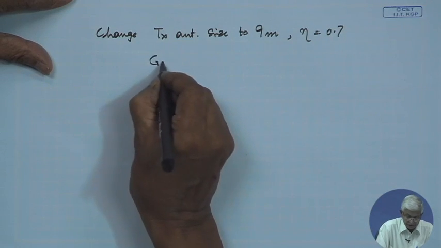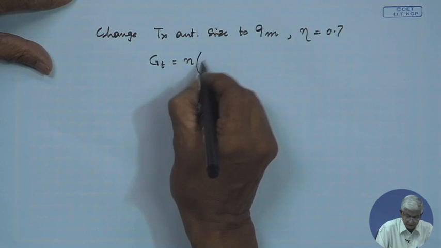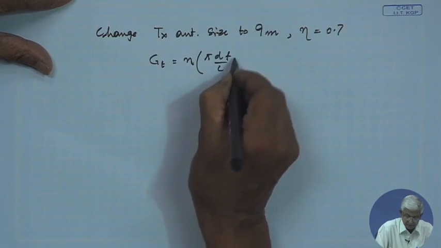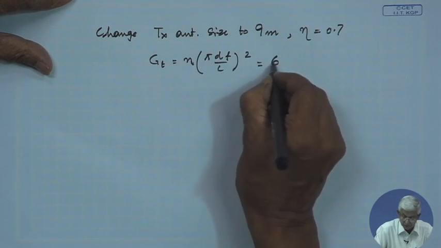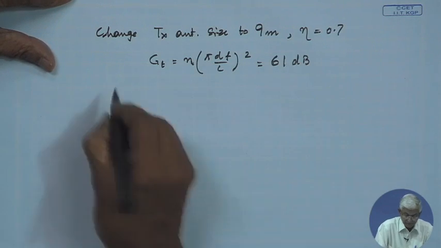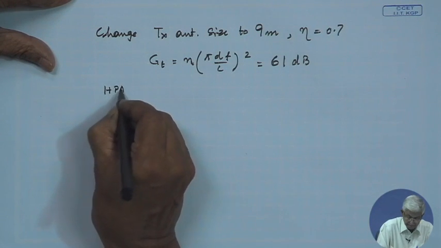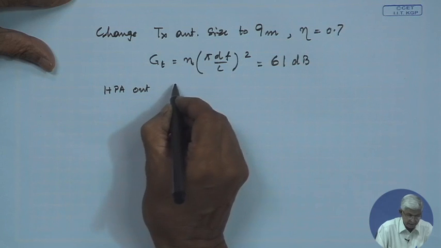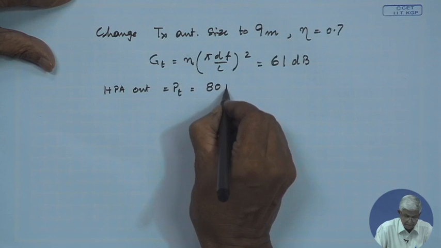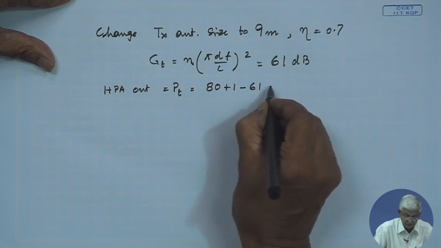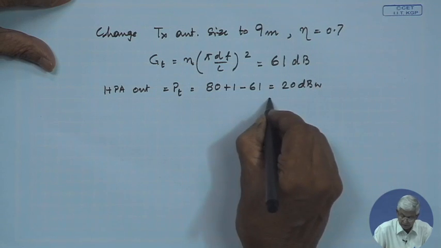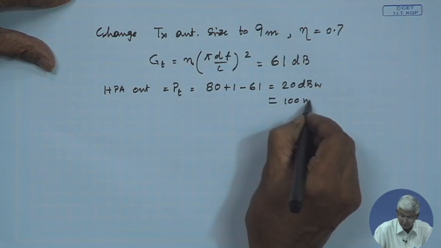So, GT is efficiency into pi d f by c whole square, which will come out to be roughly of the order of 61 dB. Now, the HPA out, that is our PT, is 80 plus 1 minus 61, which comes out to be 20 dBW, which is roughly about 100 watt, which is tolerable.